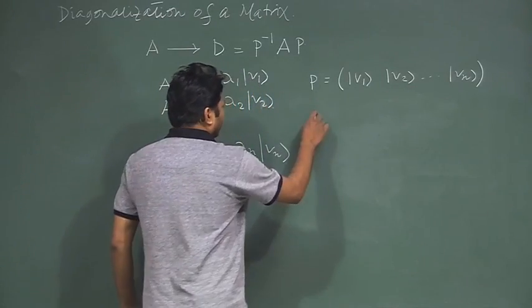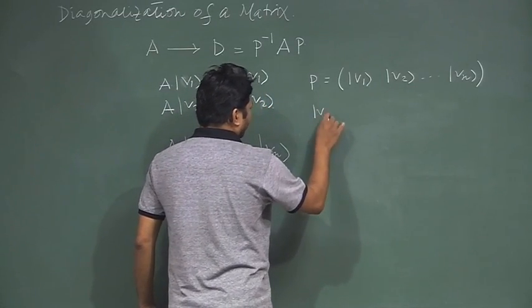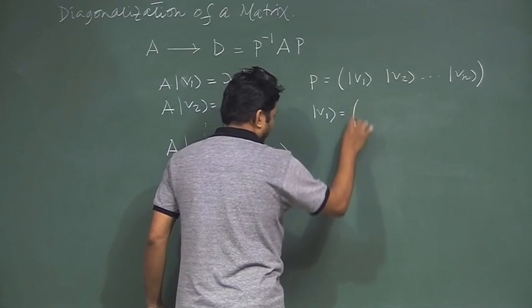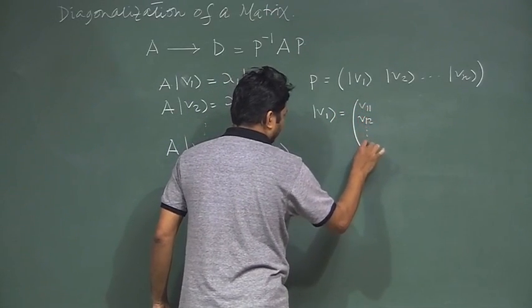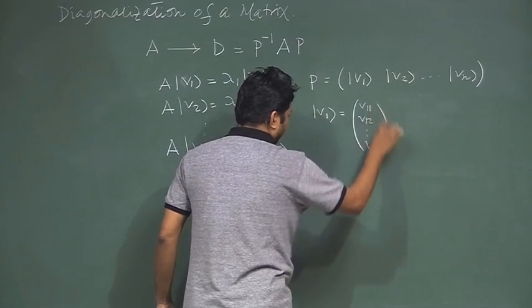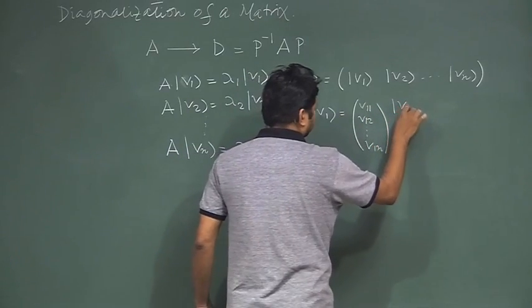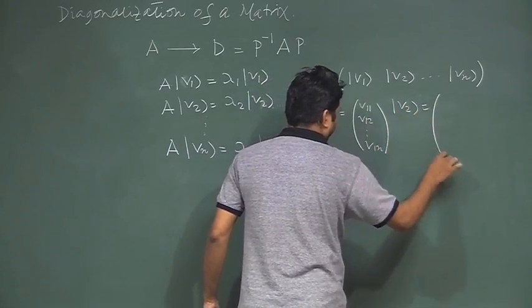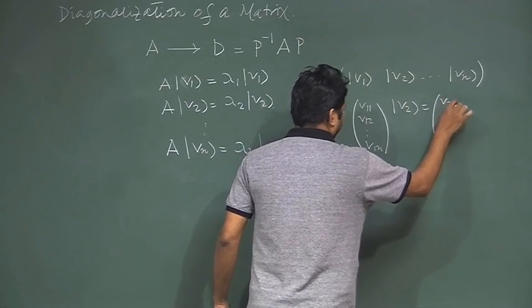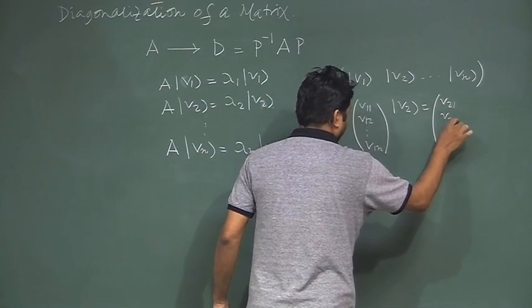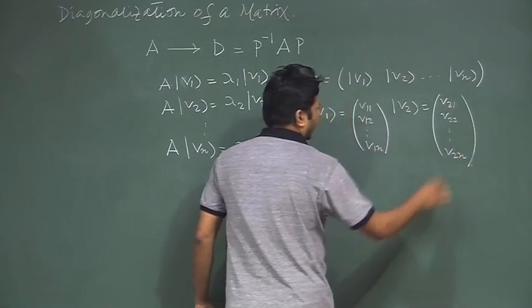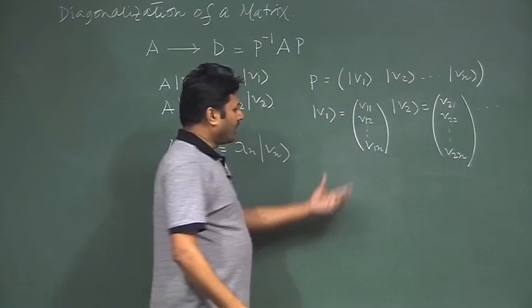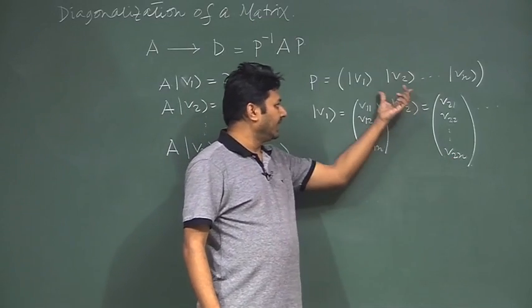Let me explain what V1 is component-wise. It is V11, V12, up to V1n. What is V2? It is V21, V22, up to V2n, and so on. Now I will put these here.